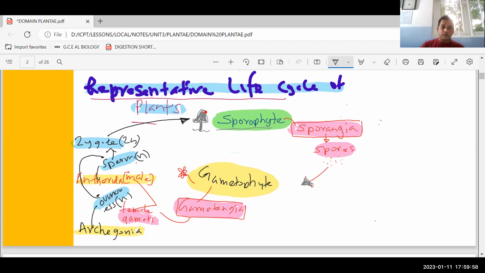I think if you want to ask something, you can use this chat, right? The Zoom chat, because I can't open the WhatsApp during the class. You can send through the Zoom chat. It's easy.